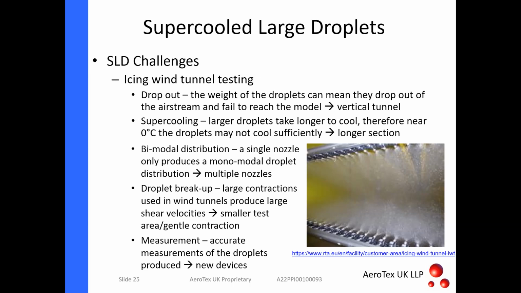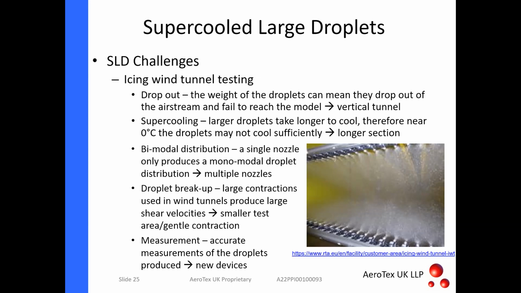Onera in France has just built a vertical wind tunnel, so all the droplets are coming from above, to address those conditions. And there's a supercooling aspect. If you've got large droplets which are close to 0 degrees C, it takes them a lot longer to cool down to the ambient conditions. The water's being injected at about 20 degrees C, so it takes time to cool down.